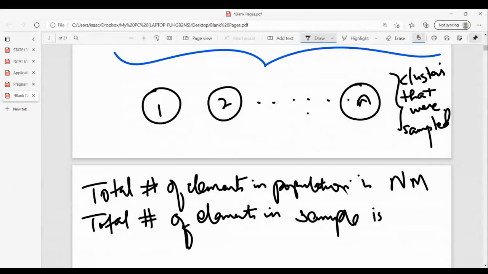Now I have small n clusters, right? But each of these small n clusters has what? Capital M elements inside them, right? So then it'll be n times M, right?